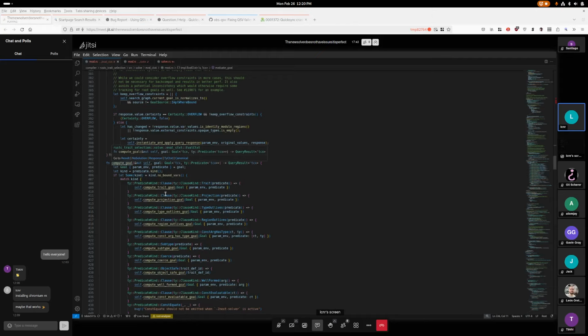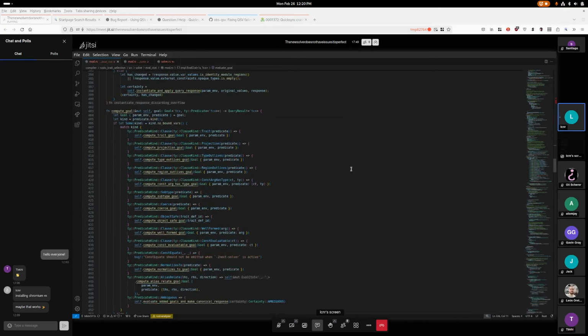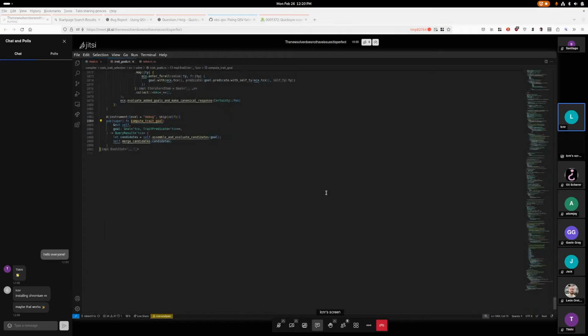Compute goal for each goal kind calls a nested function which handles that goal kind, where most of them are quite straightforward and also match the old solver. For example, looking at trait goals, they have two steps. We assemble candidates, then we merge the candidates.